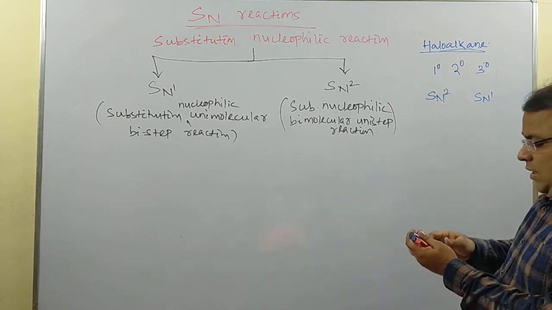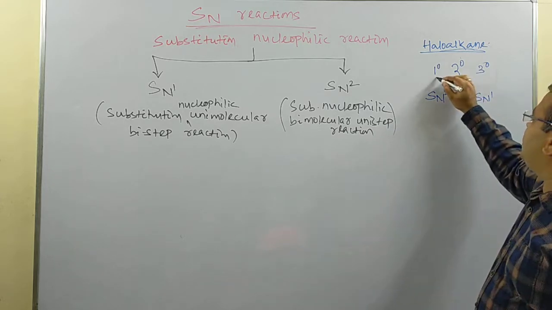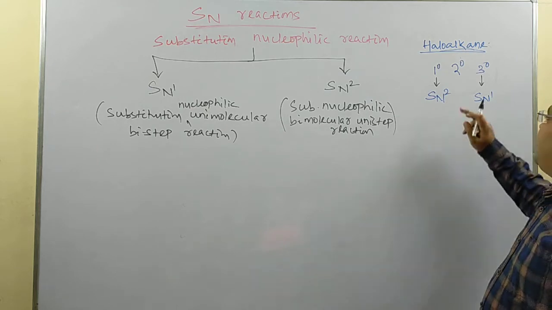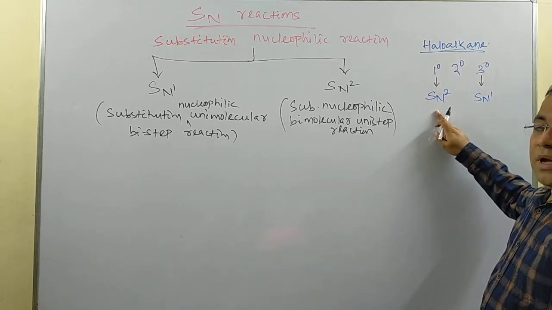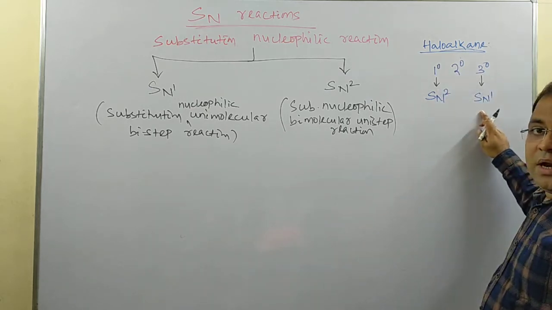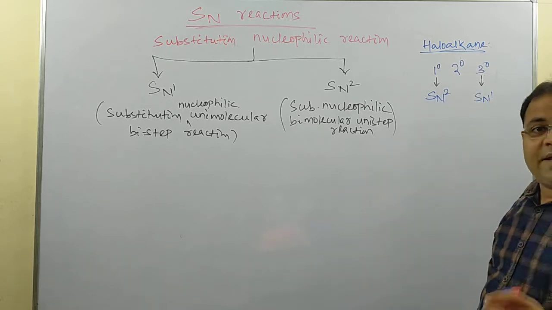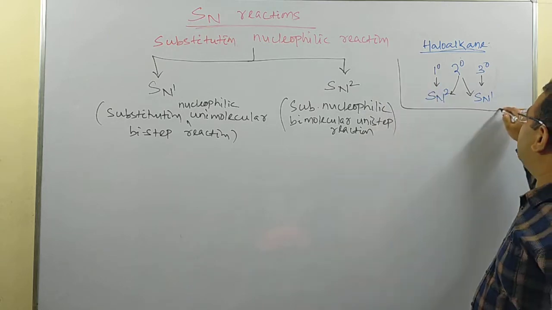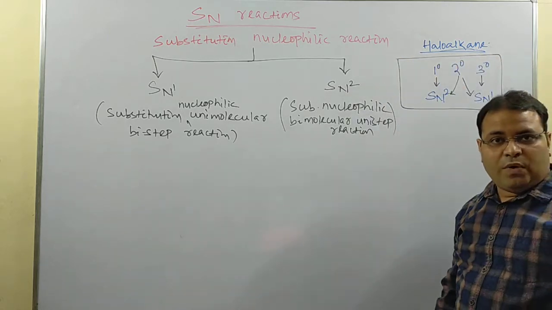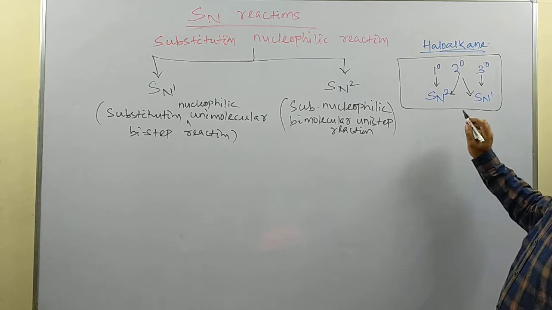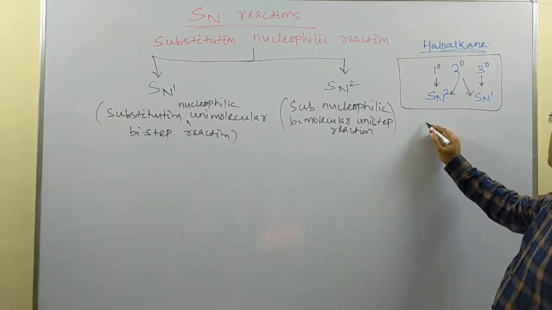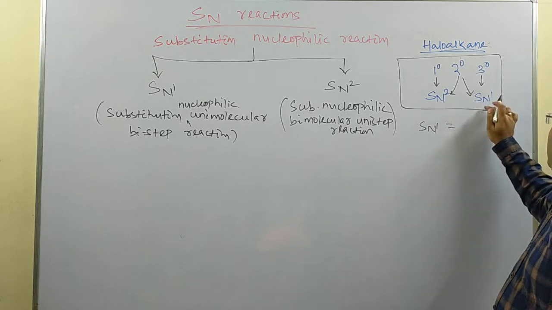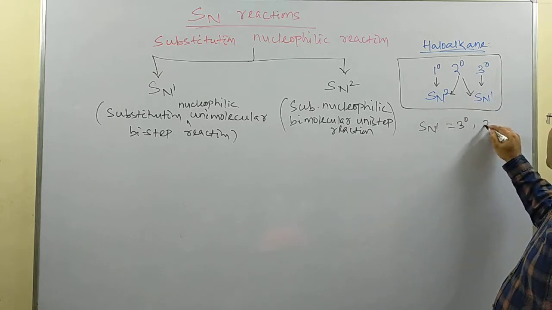Below 1 degree, SN2 is there, and below 3 degree, SN1 is there. It means that 1 degree will show SN2 and 3 degree will show SN1, and since nothing is below 2 degree, it will show both SN1 and SN2. This is the major part. So SN1 reaction will be given by 3 degree and 2 degree haloalkane.